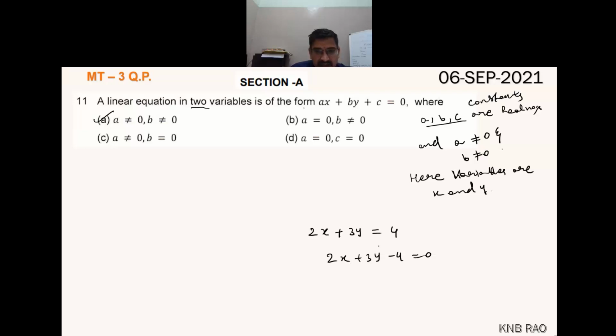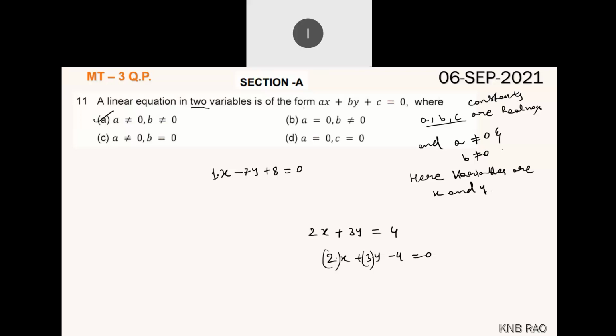But this 2 is a constant, this 3 is a constant, this minus 4 is a constant, will never change. Here, if they have not given, how will they look like? They look like, let's say, x minus 7y plus 8 equals to 0. Nothing is given for the variable x means its coefficient is 1. So coefficient of x is 1, not 0.